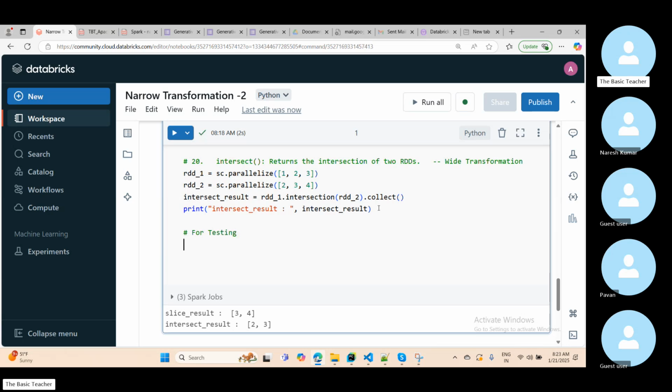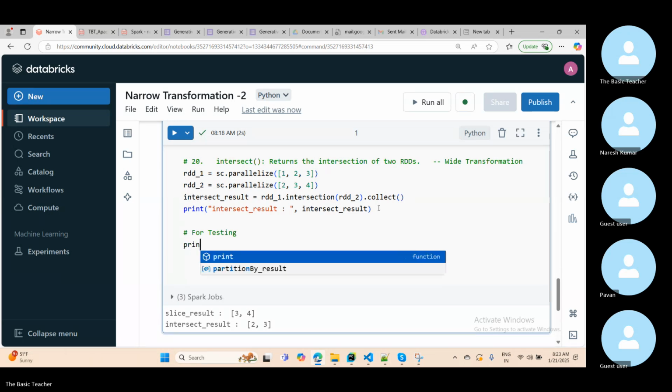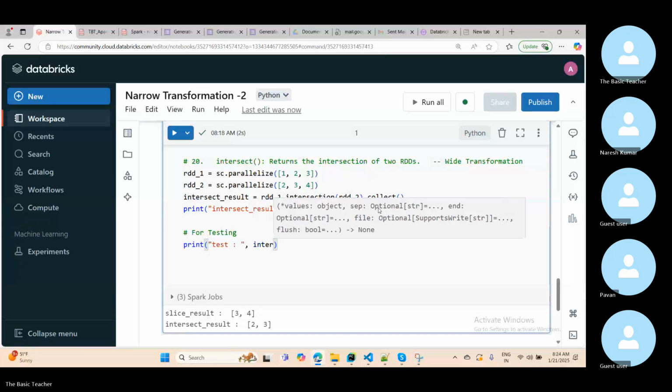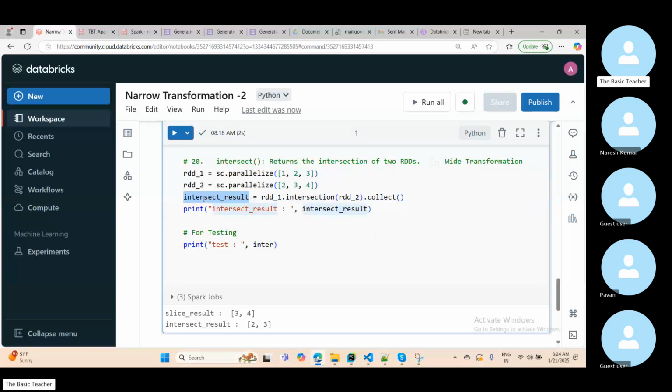For testing, I am saying print test and RDD1 intersect result. No, that is wrong. I will do this.